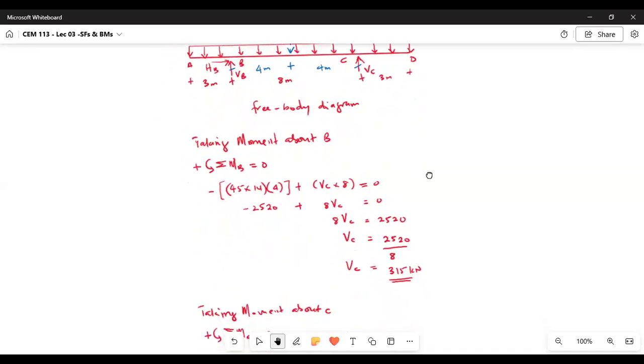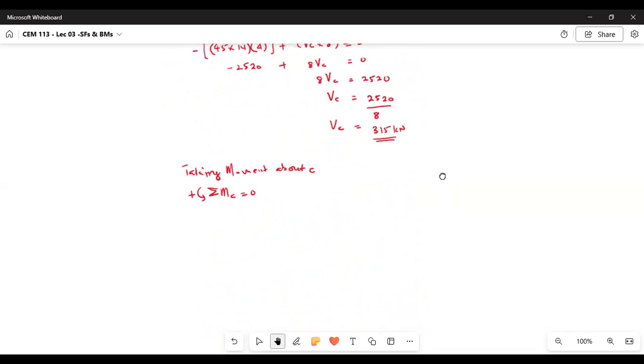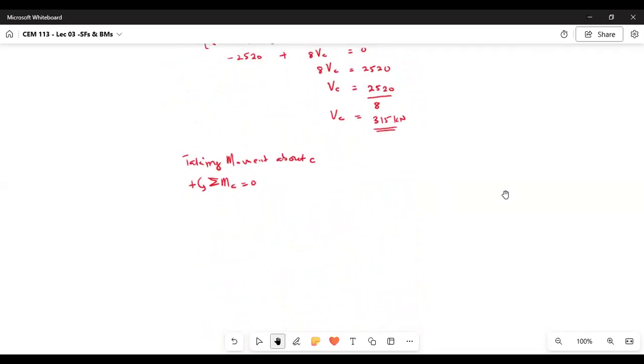And then we are through, then the HB, okay? So we're gonna have 45 times 14, and this is the force, and the distance will be 4 in a square bracket. This will be anti-clockwise, so it's positive. Then minus what? VA times 8. Okay?